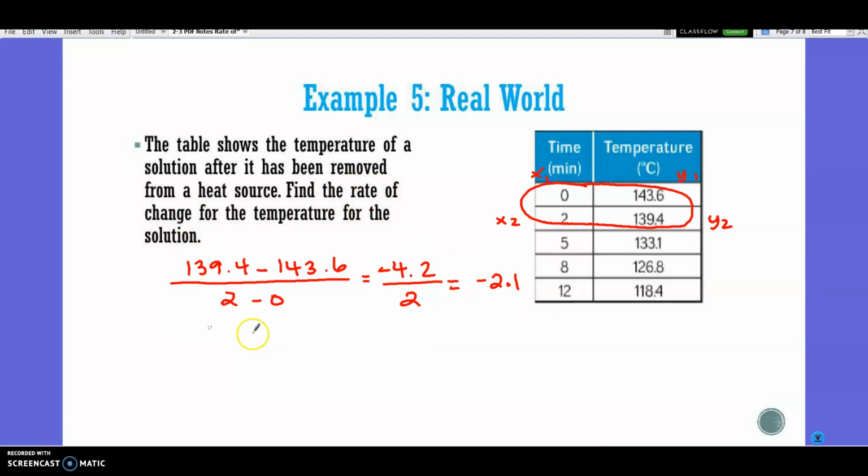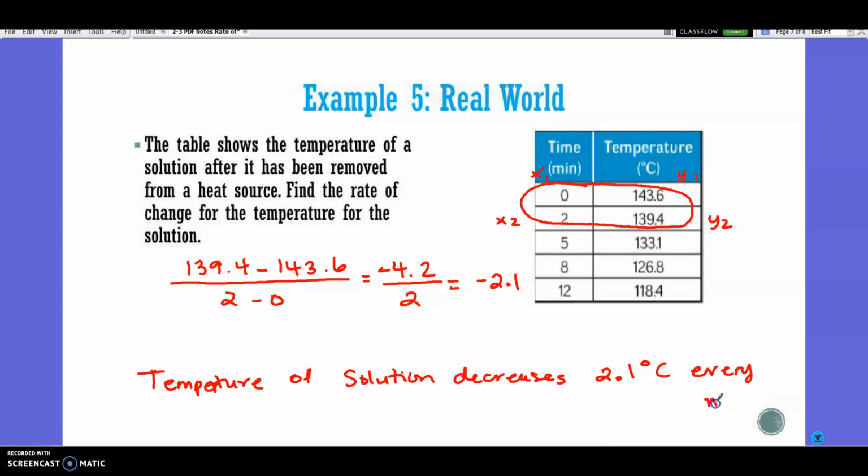So what this means is that, since it's a word problem, we have to write it in words. The temperature of the solution decreases 2.1 degrees Celsius every minute.